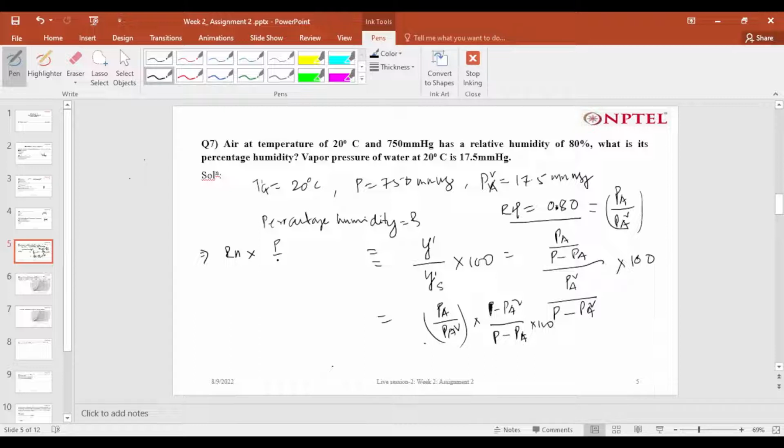Anybody got? This is the RH, relative humidity.